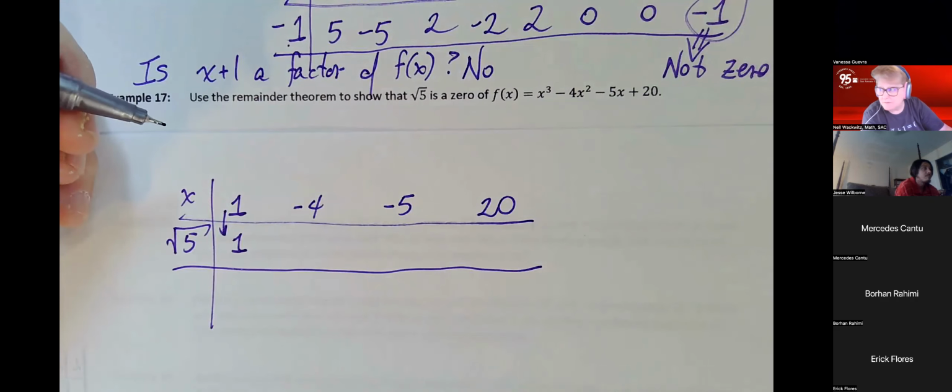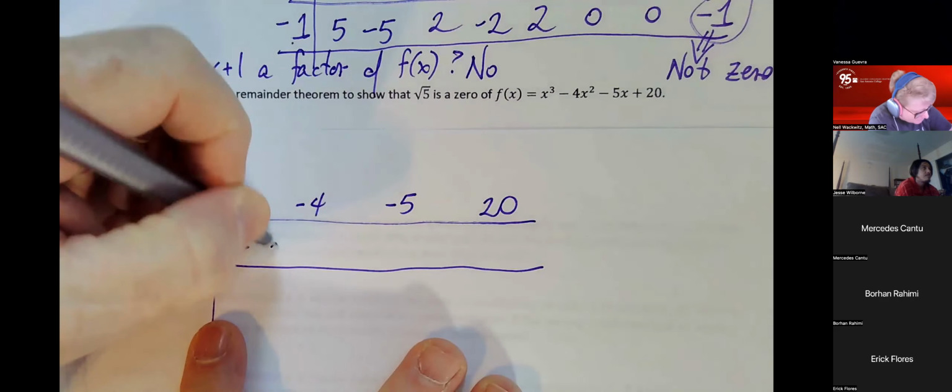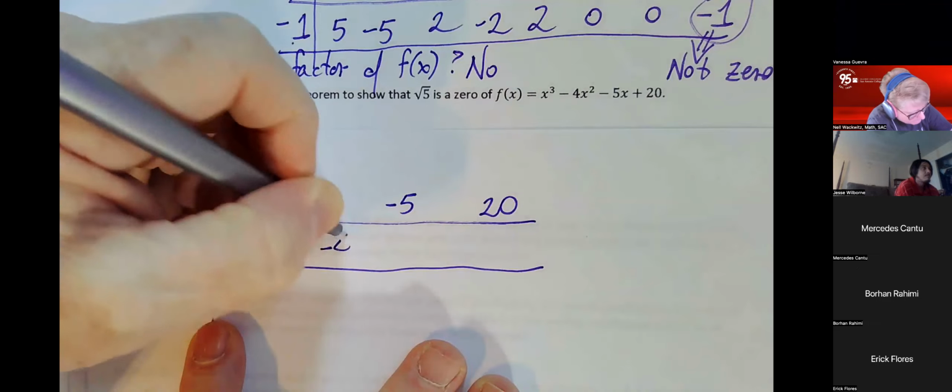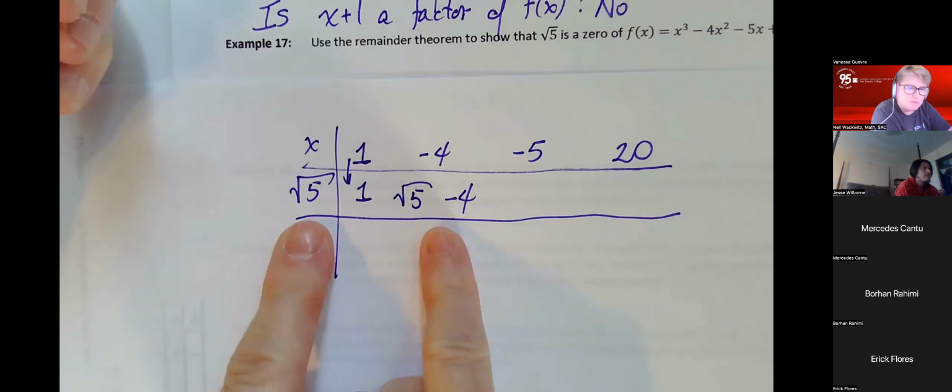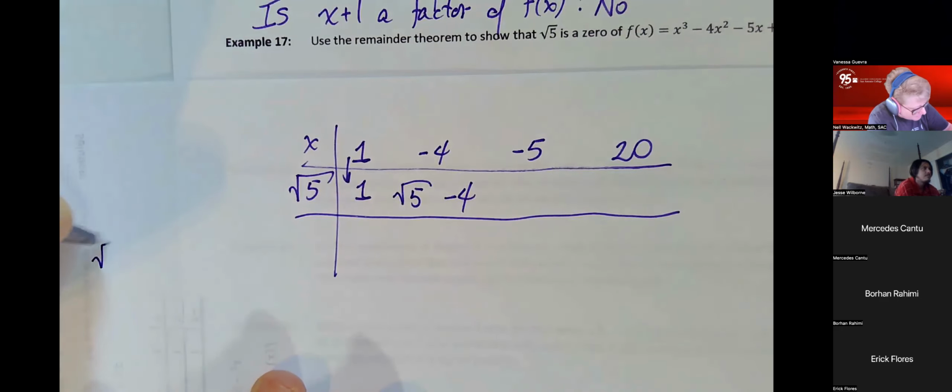What is 1 times anything? So it'd just be the square root of 5 minus 4. Yes, good. Okay, so let's go to the side here to see what we get if we multiply the square root of 5 times the square root of 5 minus 4.